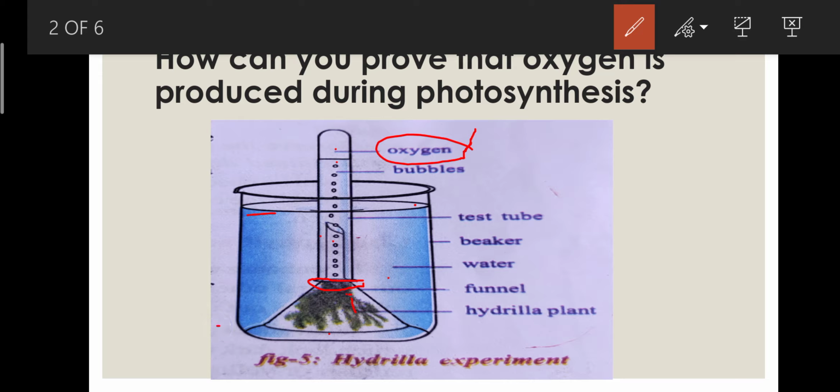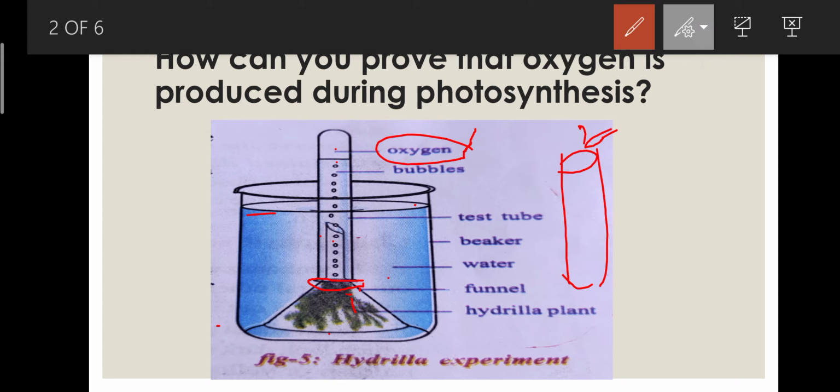So test for gas. How can we test the gas? We can test the gas in the test tube by inserting a glowing matchstick or incense stick. The presence of oxygen gas is indicated by the bursting of the matchstick or lighting of the incense stick. But in setup two it is not observed, there is no evolution of gas.